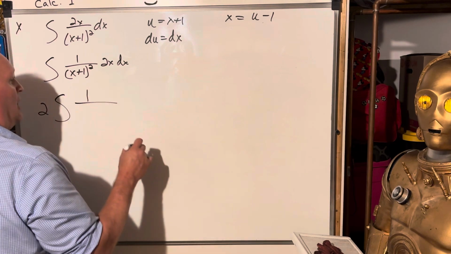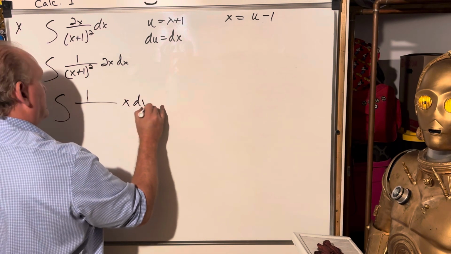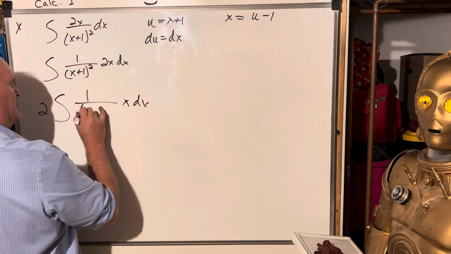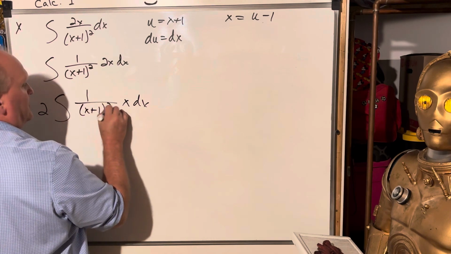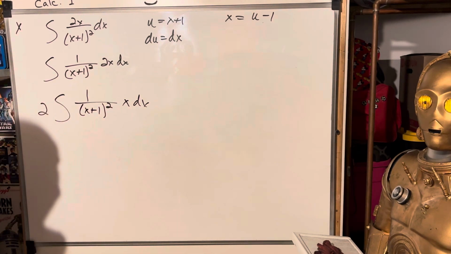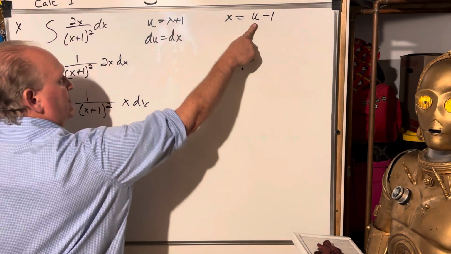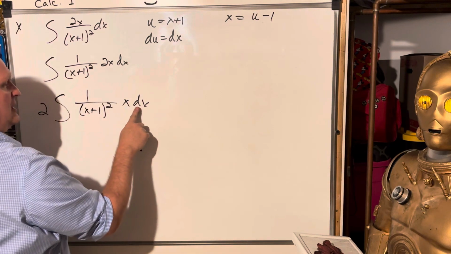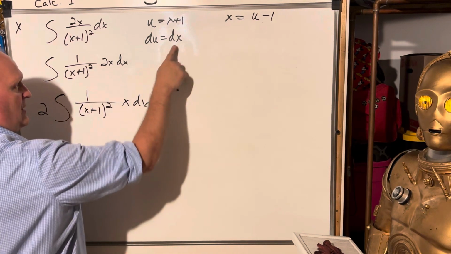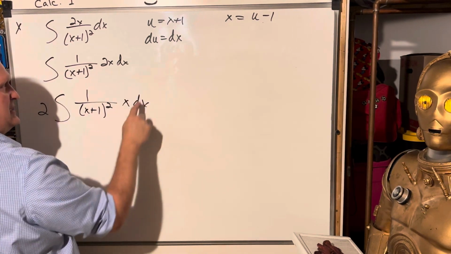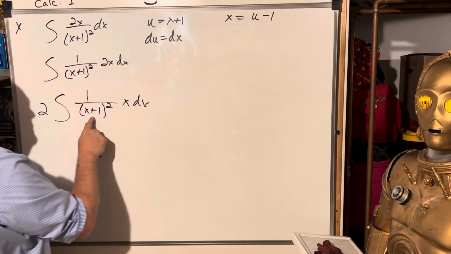We got x dx, and we got x plus 1 squared. Now I know x, I can't have that, so I'm going to replace that with u minus 1. dx is right there, that's du, and I'm going to replace that with u.